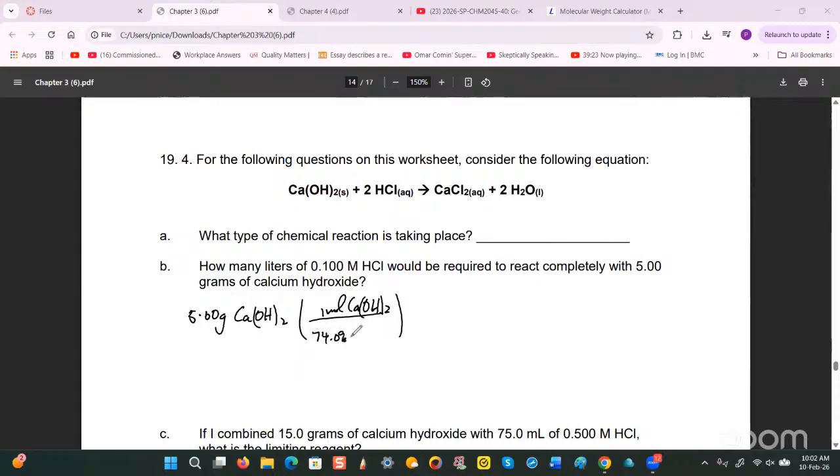That sounds like it. So this unit will cancel out with that. Then I would look at the mole ratio between the calcium hydroxide and the hydrochloric acid. That's a 2-to-1 mole ratio. So I'm going to put 2 moles of HCl above and 1 mole of calcium hydroxide below, so that this goes with that.